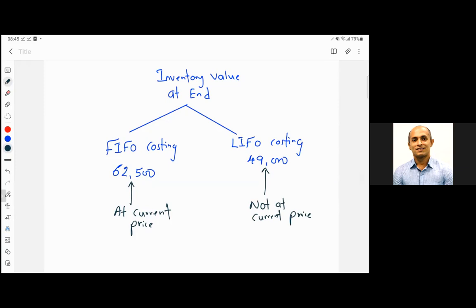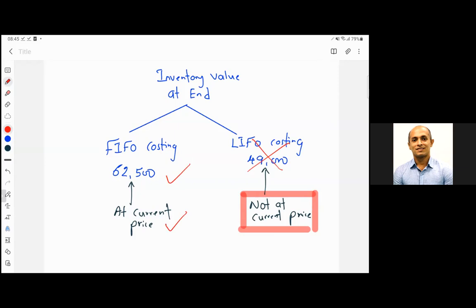Now you see, if the company follows LIFO, the inventory value is not good for the analysis, because the inventory value is not at current price. But FIFO inventory value is better for the analysis because inventory is at current price.